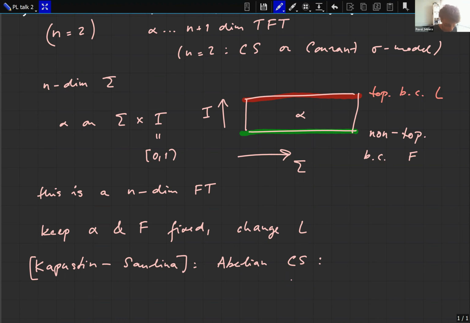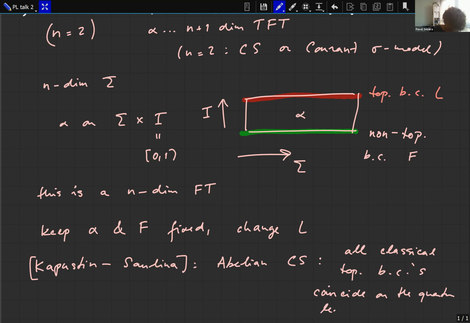So actually for the torus that we are actually using here, it would be that all classical topological boundary conditions coincide on the quantum level. So now this is one explanation of T-duality.